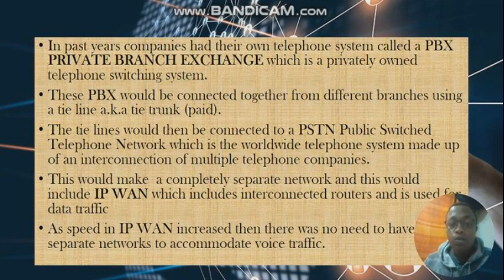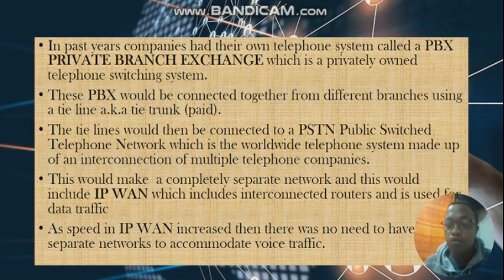Now, this would completely separate the network, and we would have a separate network for voice traffic, data traffic and video traffic. Basically, as the bandwidth limitation was eliminated by speed increase, we could accommodate voice and data traffic in one network, the IP1 network.